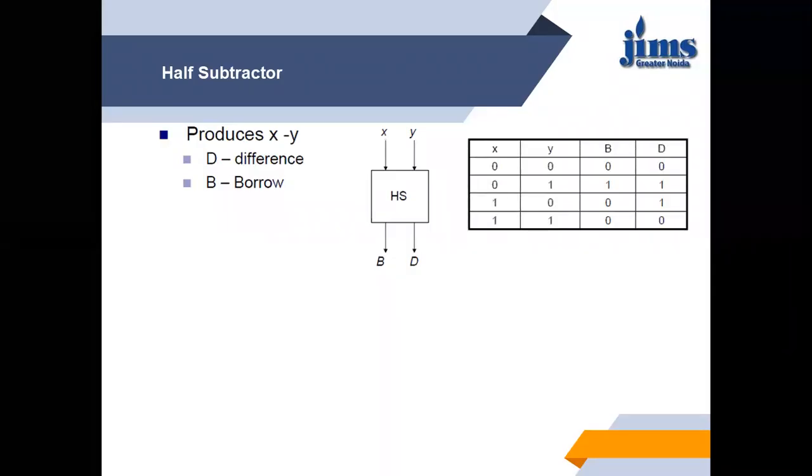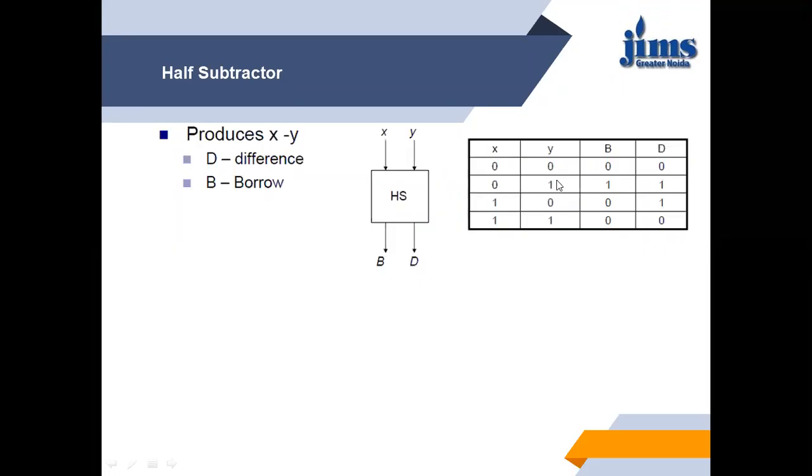In the truth table, with the 2 inputs, we have 4 combinations, 0 0, 0 1, 1 0, 1 1, and we have to produce an output in such a way that the output is x minus y. So for the first case, 0 minus 0, difference will be 0, and we need not take any Borrow. So the Borrow is 0 and difference is 0.